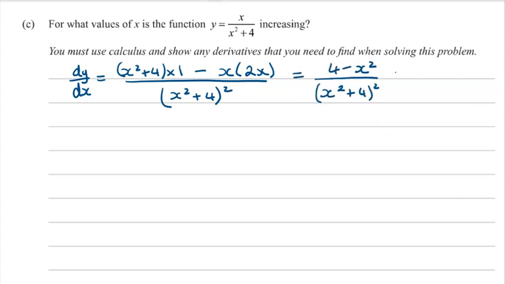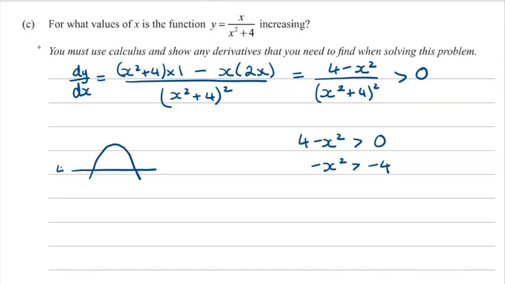Now for that to be increasing, we need the gradient to be greater than 0. So solving that through, 4 minus x squared has got to be greater than 0. So minus x squared has got to be greater than negative 4. Now picture what that looks like. So a negative x squared looks like this. When does it go above negative 4?